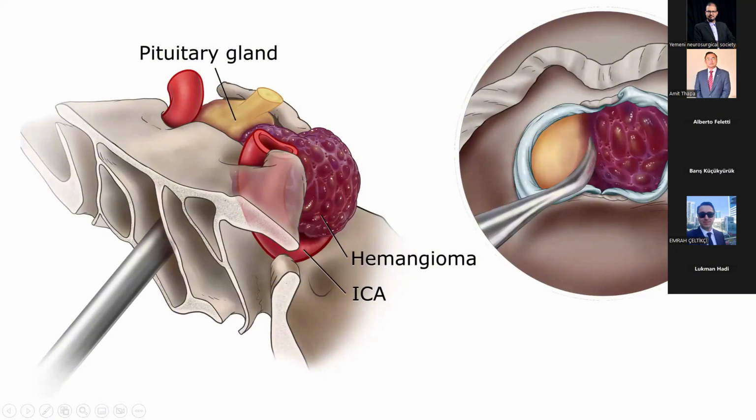So when we try to resect the hemangioma, what happened in this case? The patient was lying in supine position and the hemangioma was pulsating like hell, and it was getting bigger and bigger. Then we elevated the back of the patient in a reverse Trendelenburg, and it gets smaller and smaller. Why am I saying this?